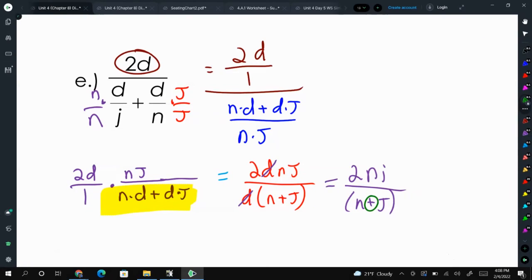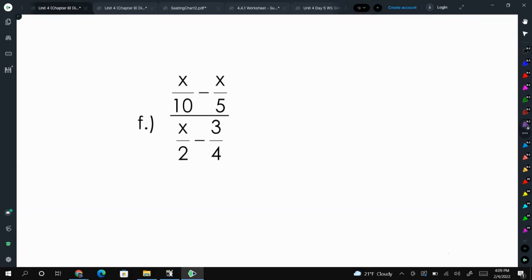So this one required us to do a little bit of work. So in this problem, I want to recognize and say, well, if I multiply this fraction by 2 over 2, I want to get 10 in the denominators, and that will be the least common denominator of my top fraction.